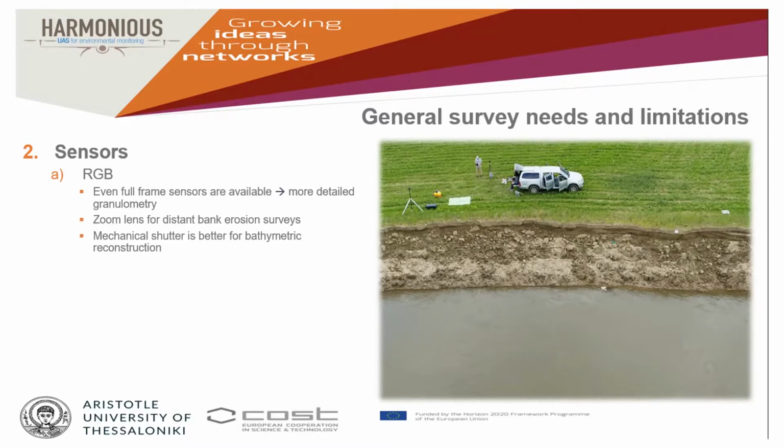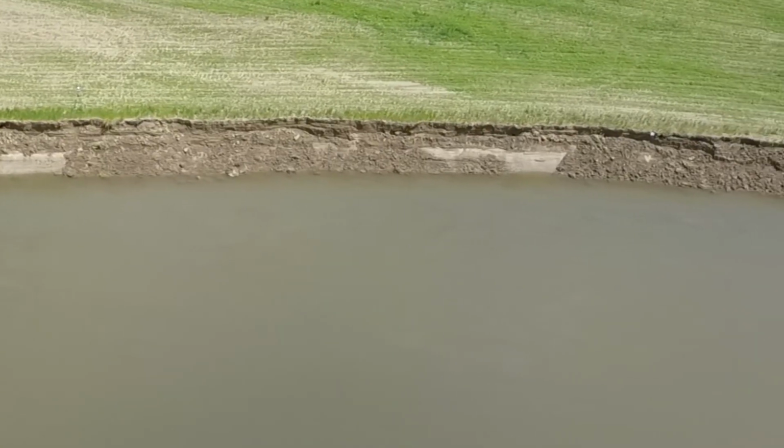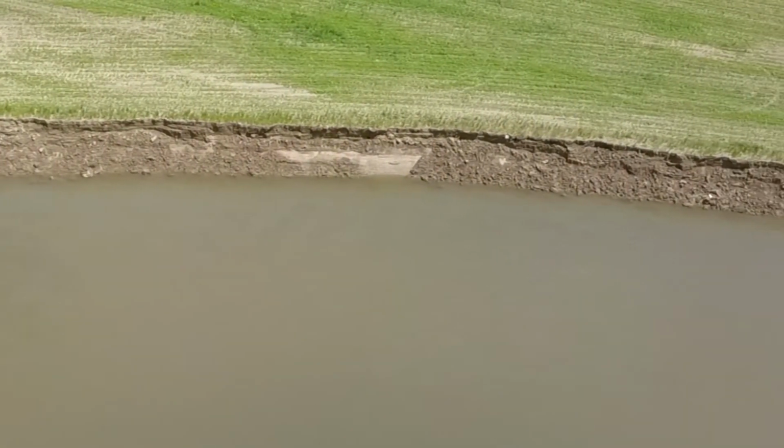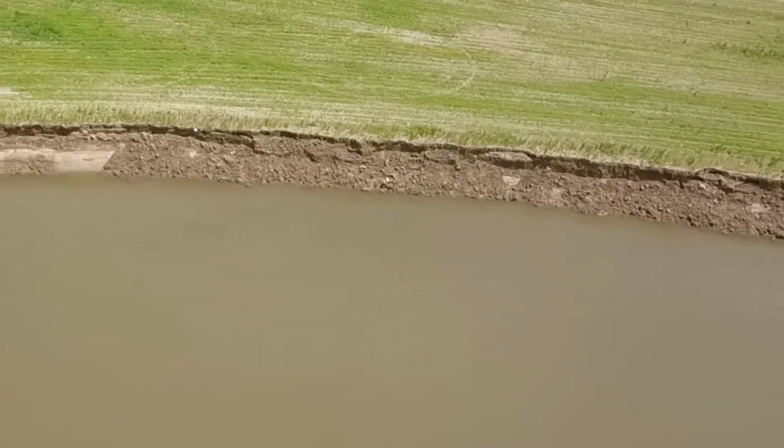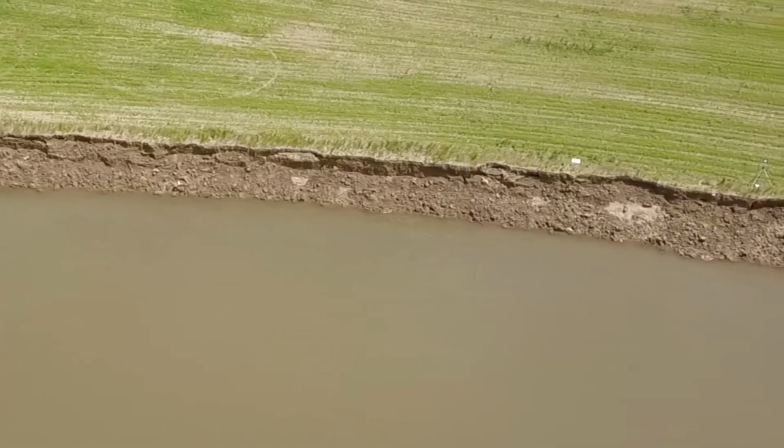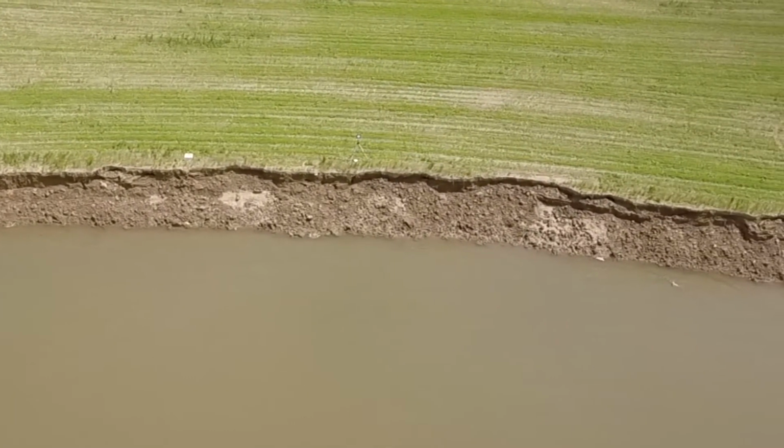We can have zoom lenses. For example, this bank erosion survey was a bit far away and can provide the necessary image resolution, the spatial resolution, and GSD for high resolution monitoring.